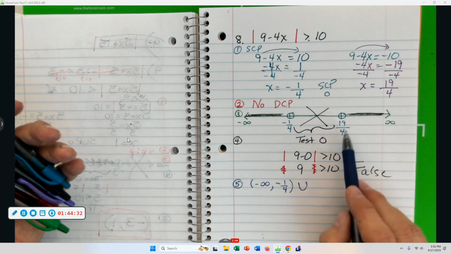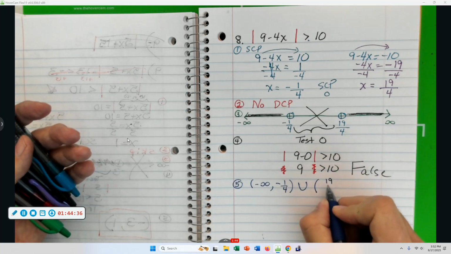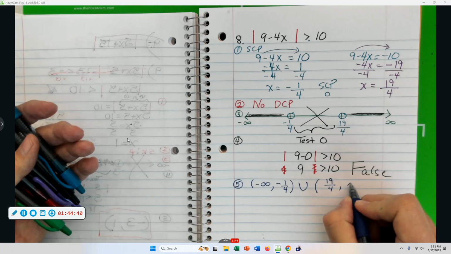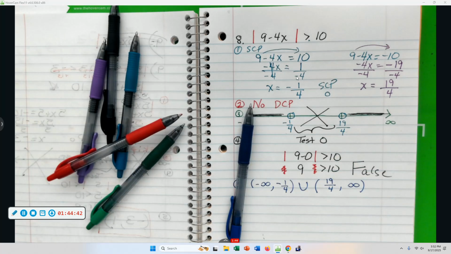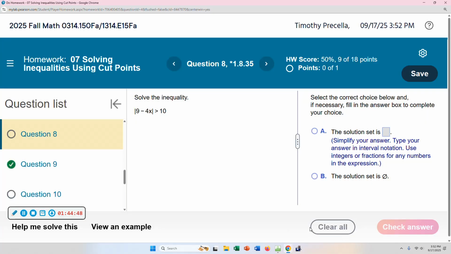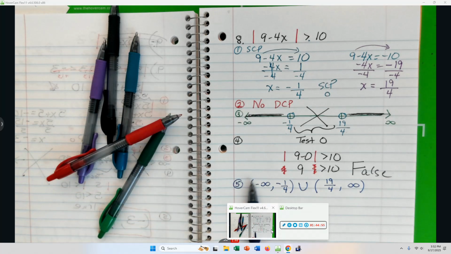So union, parentheses, 19 over 4, comma, infinity, close parentheses. I wonder what's going on. Was this happening the other day? Yeah. Now I'm going to type it in.